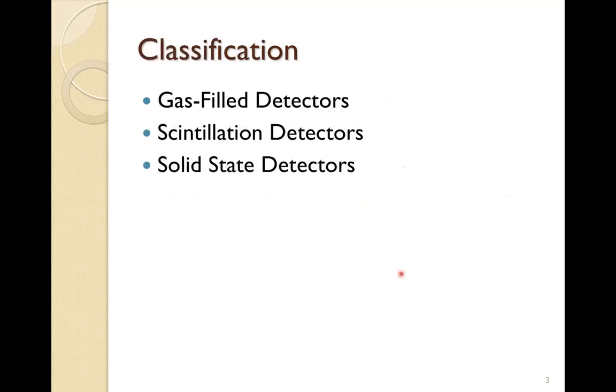So basically in the ALICE experimental setup, we have seen many detectors, but all the detectors are mostly classified into three categories. One is the gas filled detector, which is the oldest detector of all in the world, then scintillation detectors, and finally solid state detectors. Nowadays solid state detectors are used in many experiments, although the other two, gas detectors and scintillator detectors, are also used in all kinds of experiments we are performing.